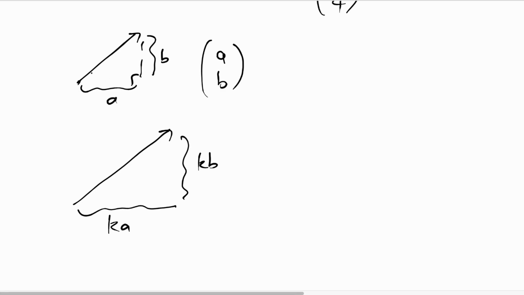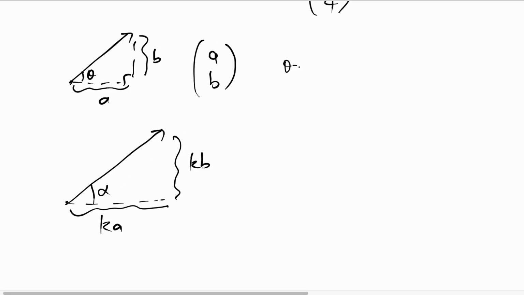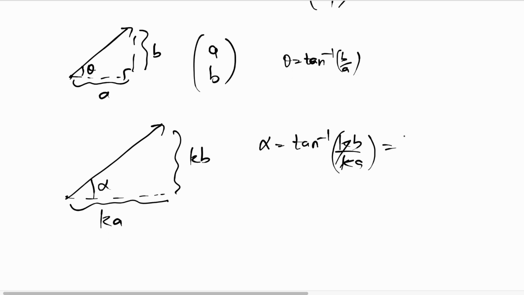If I try understanding what this angle is with the positive x-axis, I'll label this as theta and this is alpha. So theta is tan inverse b by a. And alpha here is tan inverse kb upon ka. If I cancel out k and k, I get tan inverse b by a, which is same as theta.